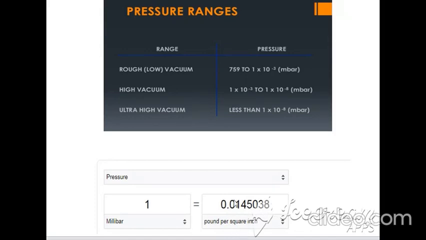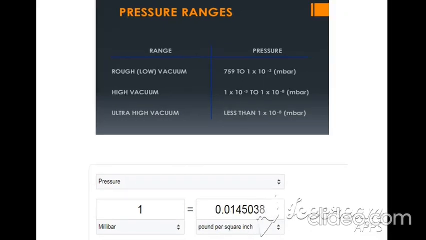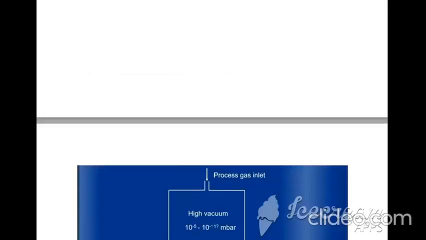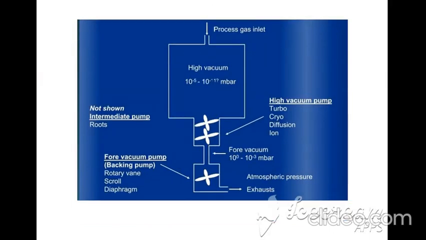It means PSI. Now you know that vacuum has different levels: low level vacuum, high level vacuum, and ultra high level vacuum. Different technologies are used to produce all these levels of vacuum. So now we go to the production of all levels of vacuum. In this diagram you can see at the right side high vacuum pumps.